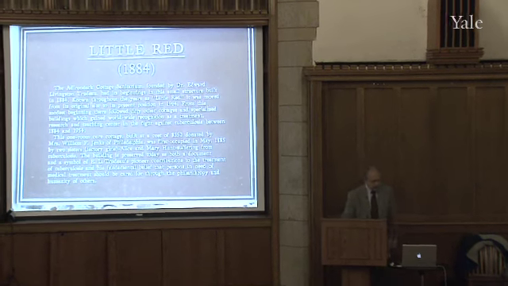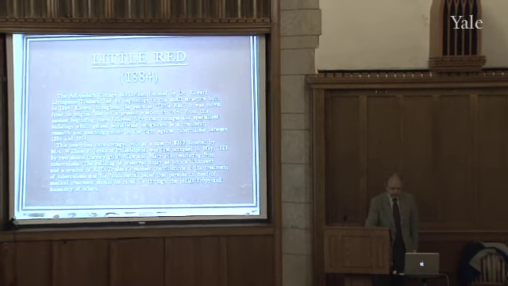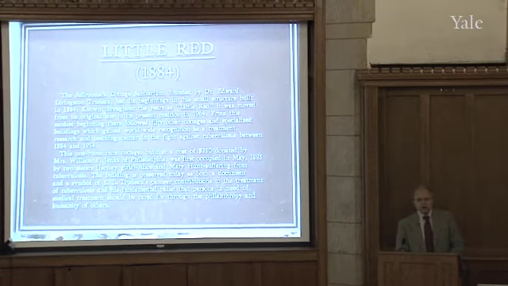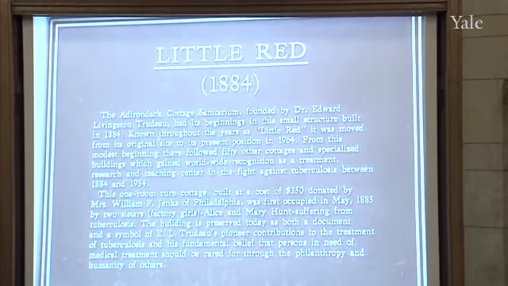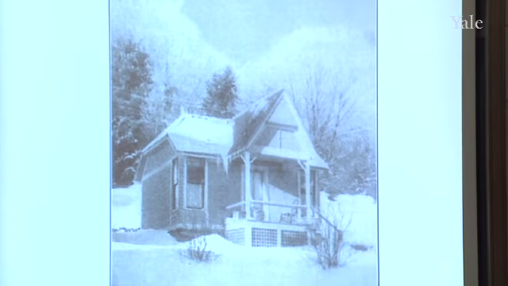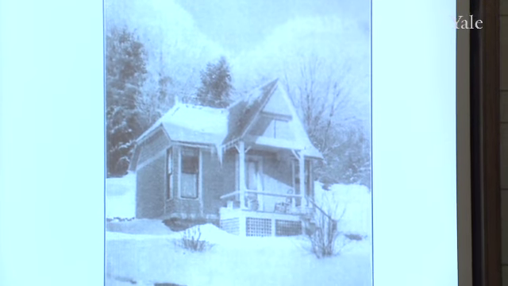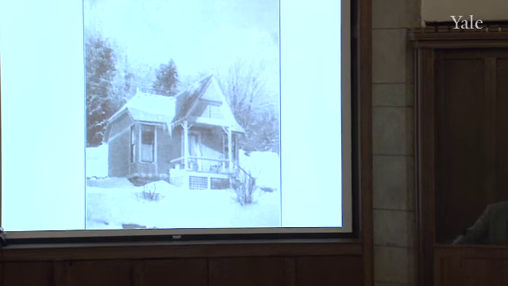This was in 1884, which is the beginning then of the establishment of a small rest cottage, Little Red, for the treatment of tuberculosis patients. This is a picture of Little Red, the first building in what becomes a much larger sanatorium.